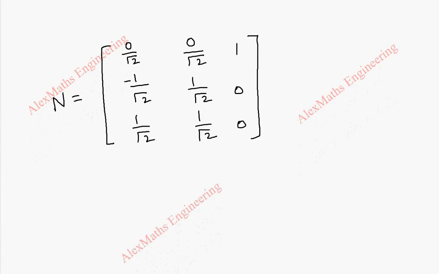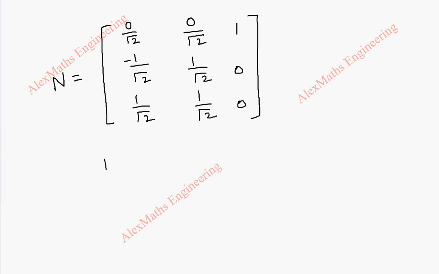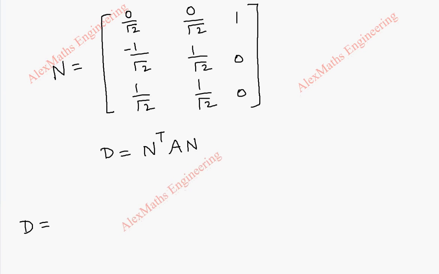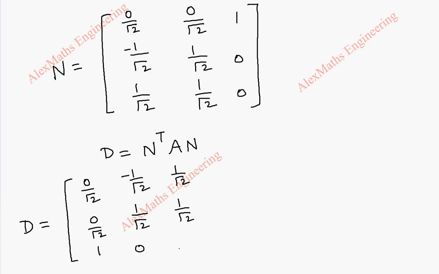Now for diagonalization, we are going to use the formula D equal to N transpose A N. So we are going to do the transpose of this matrix. We take the first row and write it as the first column: 0 by root 2, 0 by root 2 and 1. Then the second row as the second column, then the third row as the third column.